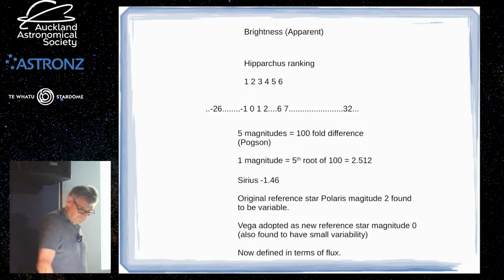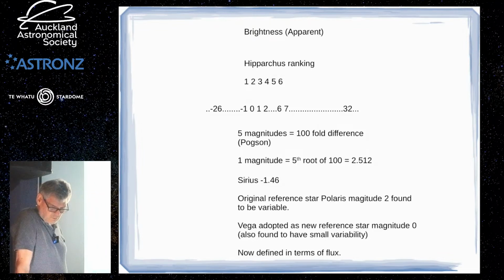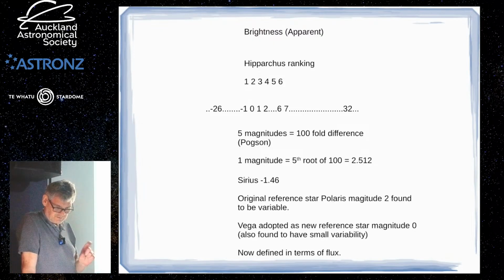And you might wonder, well, what's the actual scale? Well, it's actually not a linear scale. If you have any 5 magnitudes, like the difference between first and sixth, that means the brightness is a 100-fold difference.